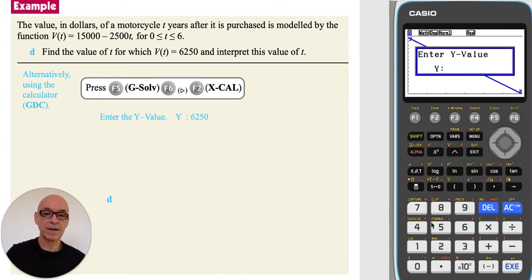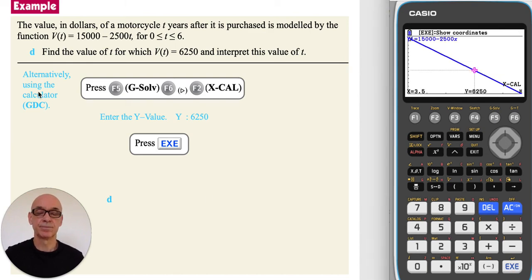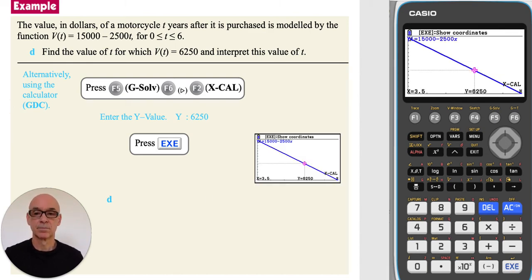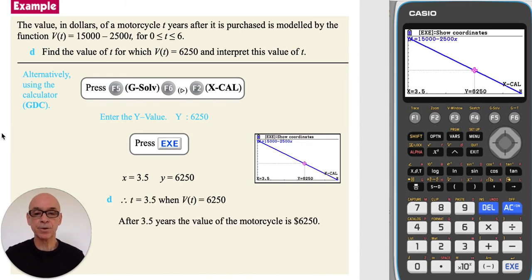Entering the Y value of 6,250, pressing execute to enter it, again we see X equals 3.5. So as before, the value of the motorcycle will be $6,250 after 3.5 years.